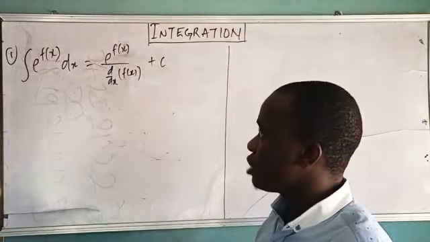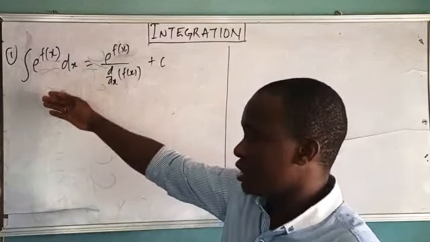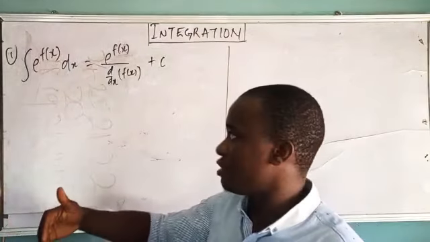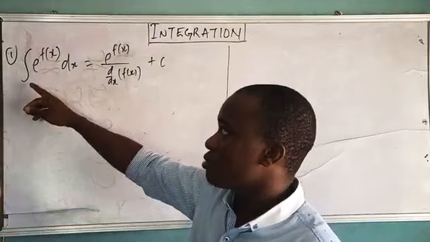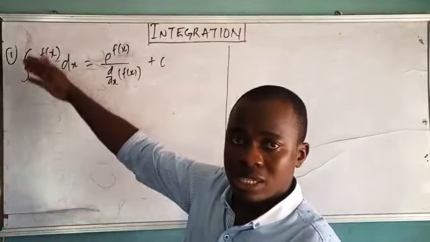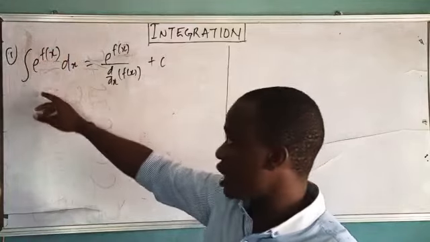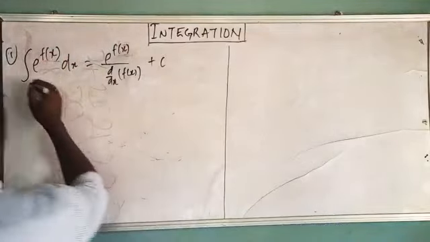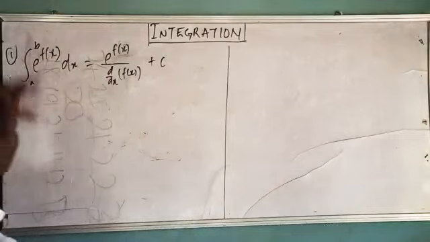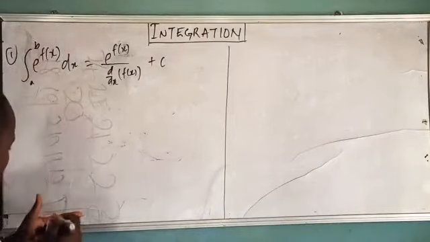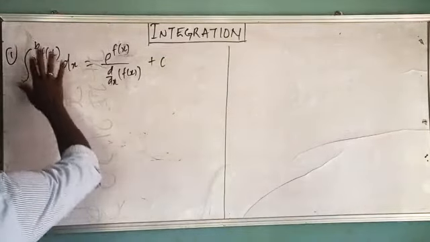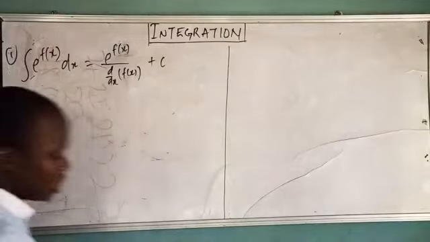Anytime you are solving an indefinite integral, what do I mean by indefinite integral? The limits are not included. I mean the lower and the upper limits are not included, like a, b, something like this. We don't have this and we don't have this. That is what makes this an indefinite integral.